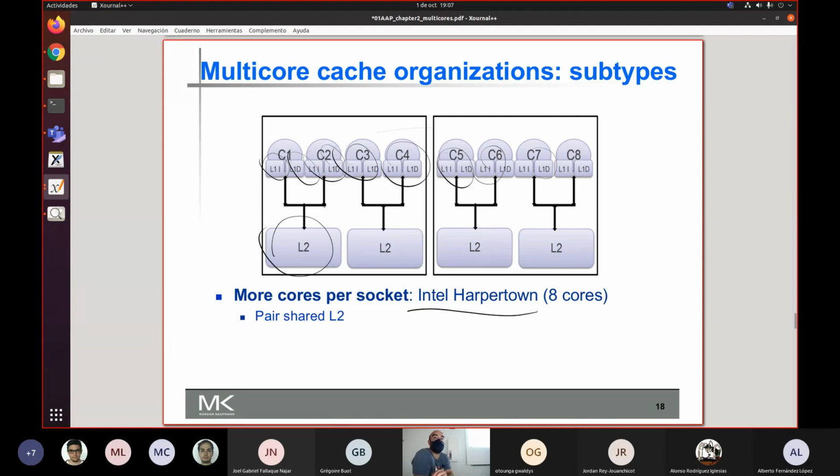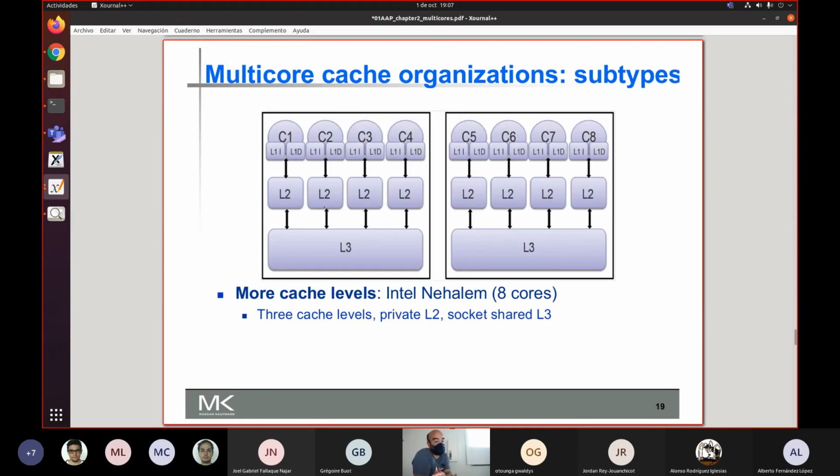And the most common architecture right now, like Intel Nehalem, is that I have two sets of 4 cores. Each core has a level 1 and a level 2 private cache, and each group of 4 cores has a level 3 shared cache.